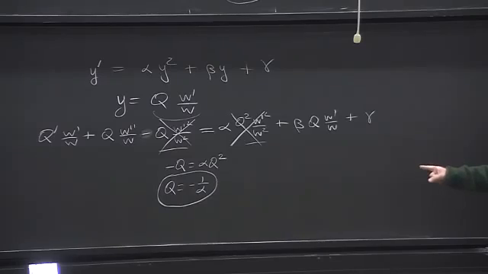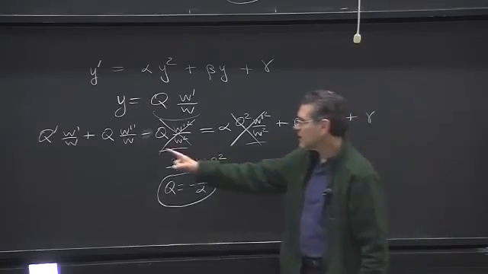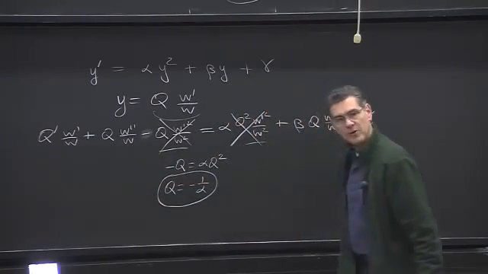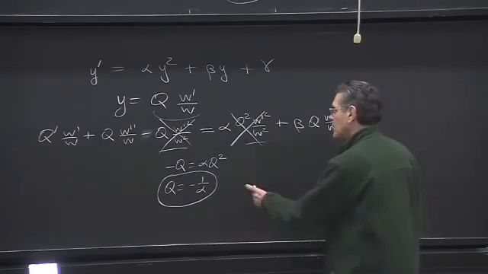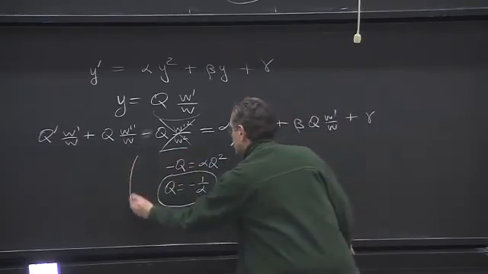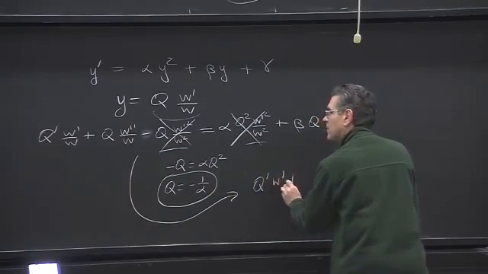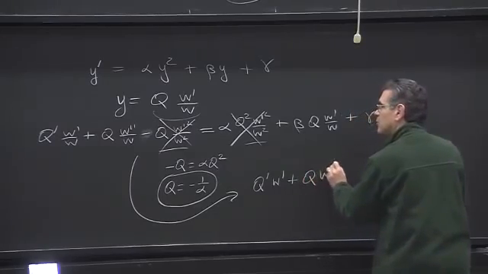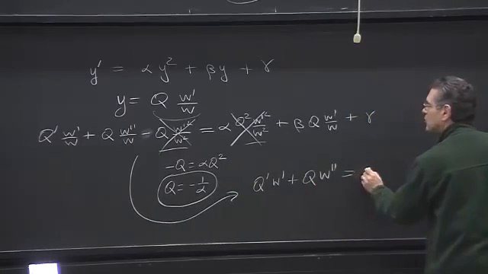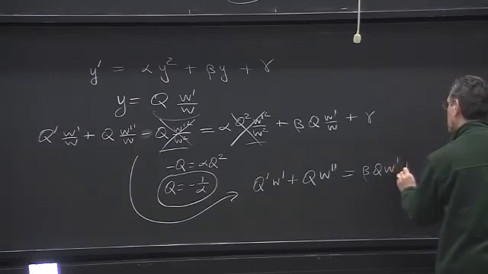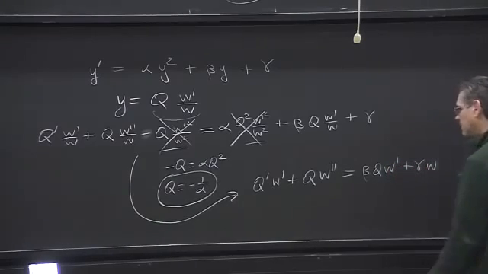Of course, it still looks kind of unpleasant, but you notice that the only thing in the denominator is a w. So if I multiply through by w, this equation would now read q prime times w prime plus q times w double prime is equal to beta q w prime plus gamma w.